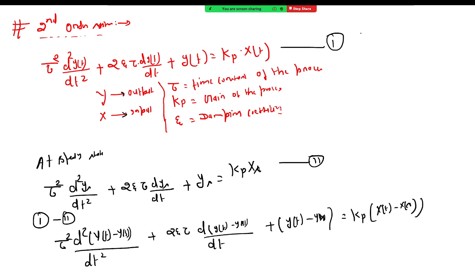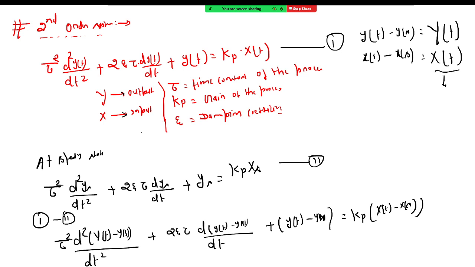Again I told you that small y(t) minus ys will be in the form of a deviation variable. I will write capital Y(t), and again x(t) minus xs will be written in the form of a deviation variable. So this is in terms of deviation variable.